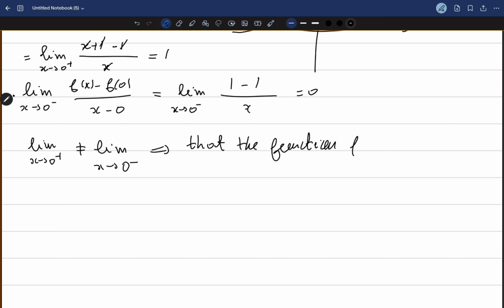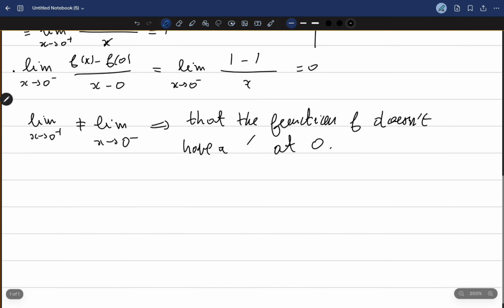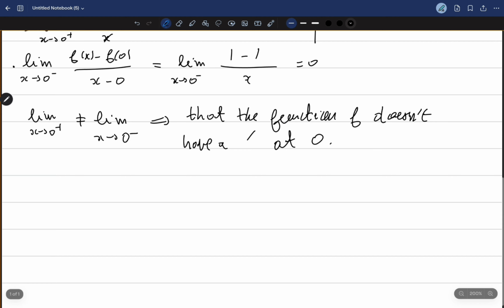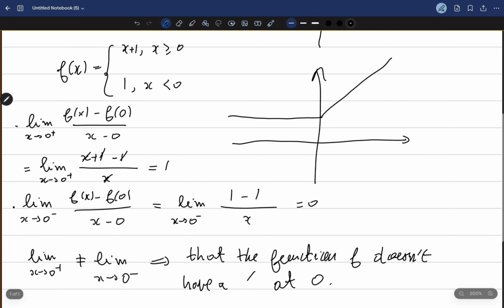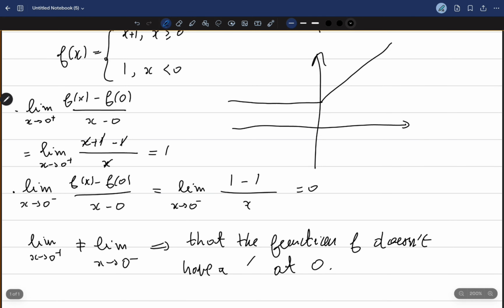So that means that the function f doesn't have a derivative at 0. Okay? So that's a continuous function, but it doesn't have a derivative.